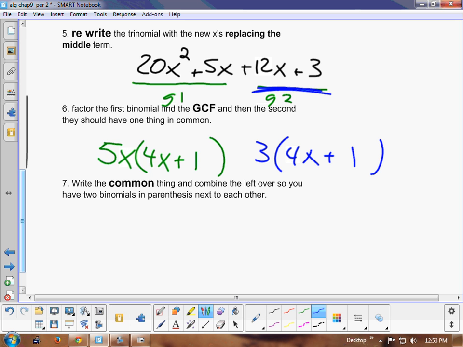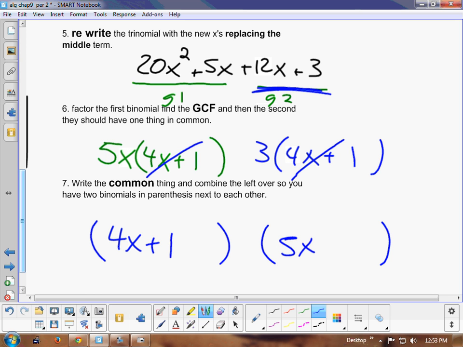And he would probably pick one of the answers to be what? 4x plus 1. And then the other answer is what's left behind after you get rid of the 4x plus 1. What's left behind? 5x plus 3. Okay, so this is the original question factored.